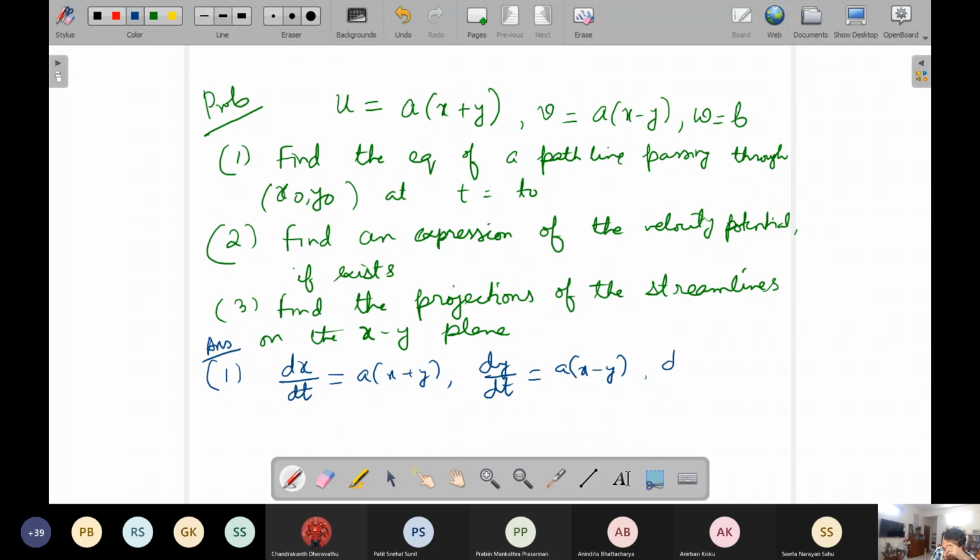And so in terms of the z, it is very trivial. In terms of x and y, we can rearrange.